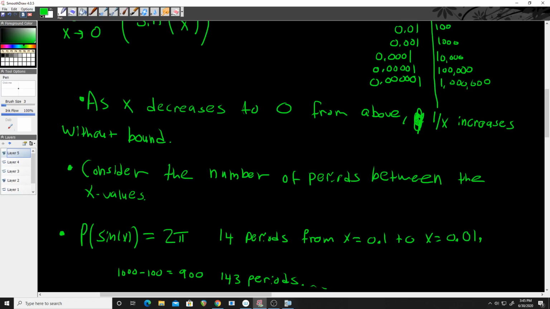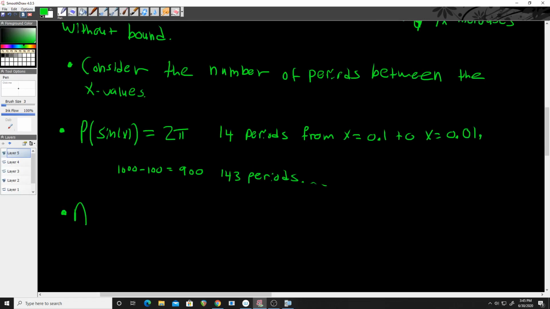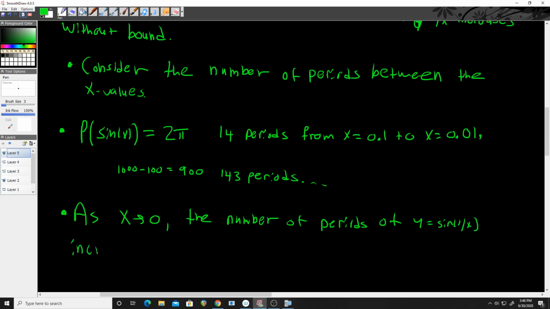So what's next? As x approaches 0, the number of periods of y equals the sine of 1 over x increases without bound.